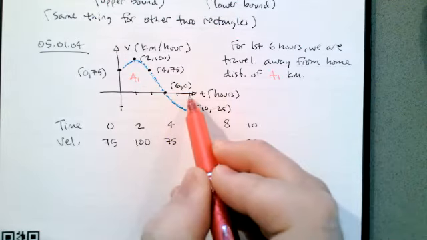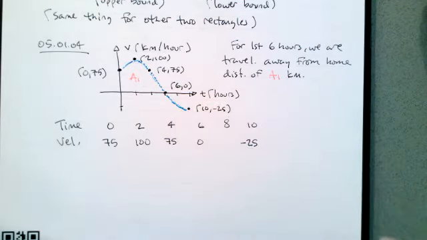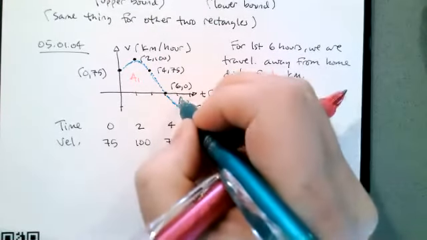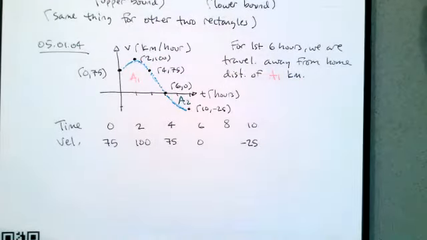And then from 6 to 10 hours, we're traveling towards home, and whatever the area is down here, I'll call that A2.